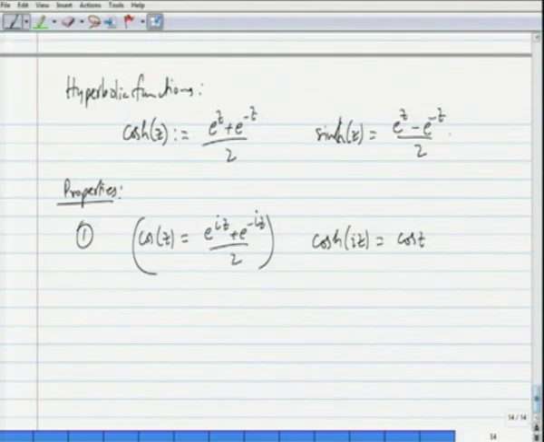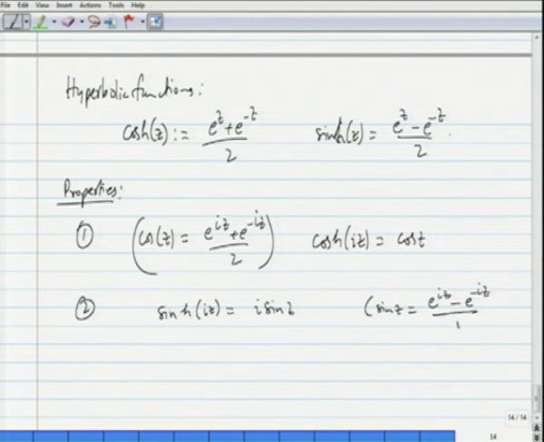So, in complex numbers we see the connection between the hyperbolic functions and their corresponding trigonometric functions. And likewise, sinh of i z is equal to i sin z. Notice that i in front. That stems because of the fact that sin z is e power i z minus e power minus i z divided by 2i.